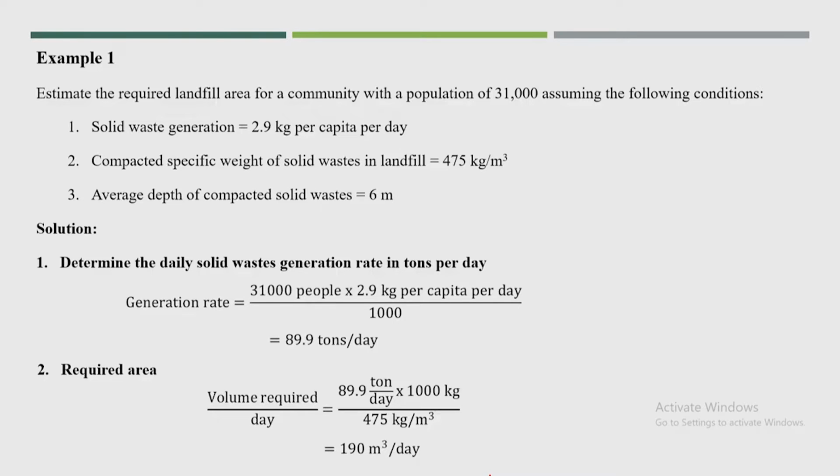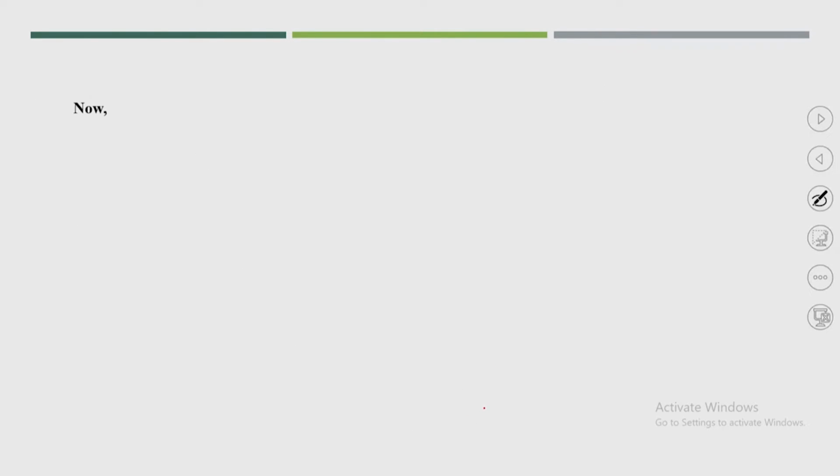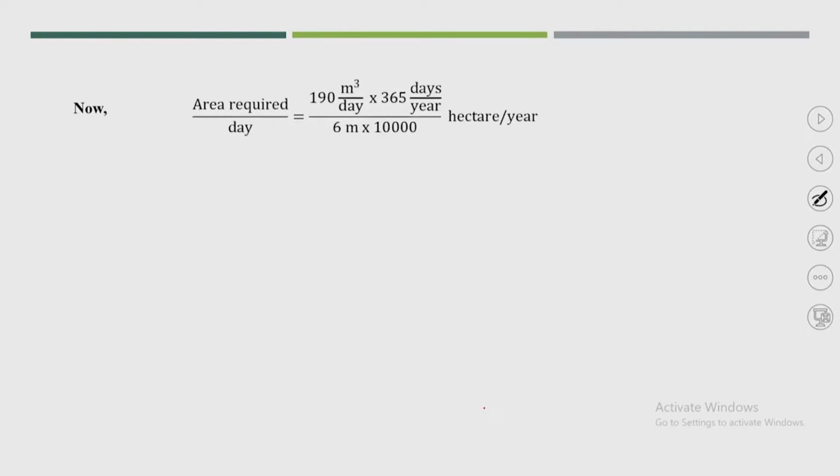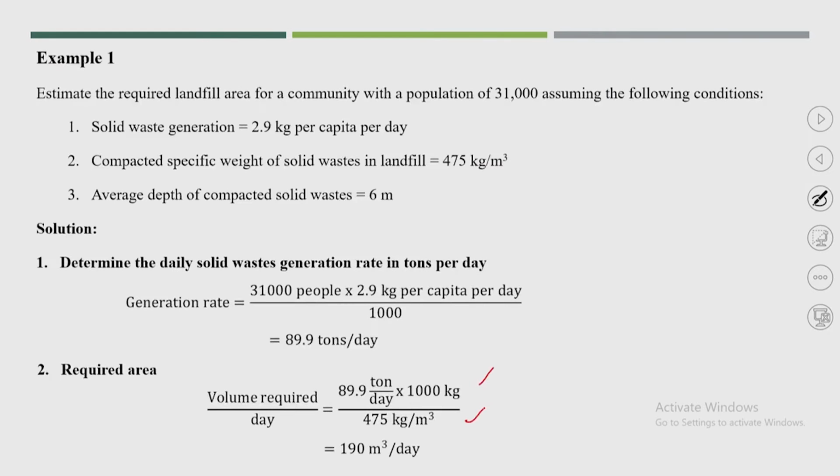So, this is the weight divided by density. Now, we will calculate how much area will be required. We know the volume, and we know the depth.